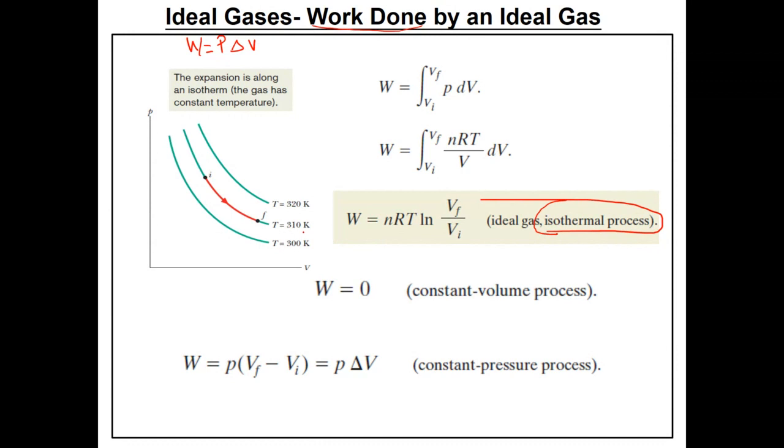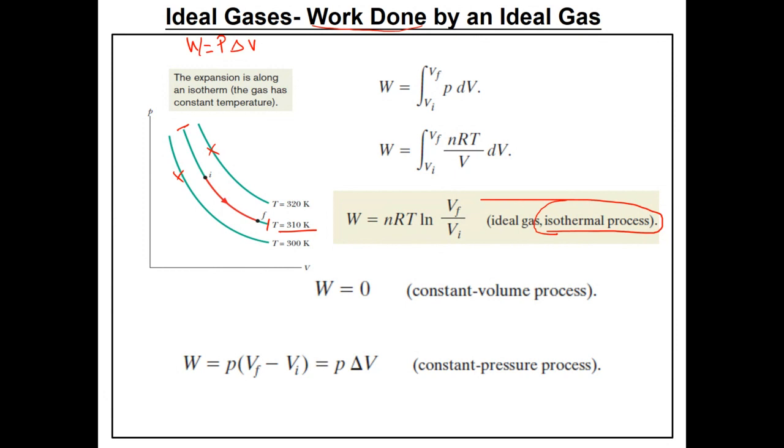If you look at the picture, I have three green lines. You can consider any one of the lines. I am going to consider this line. Throughout the process from this point to this point, what is my temperature? I am not changing the temperature.